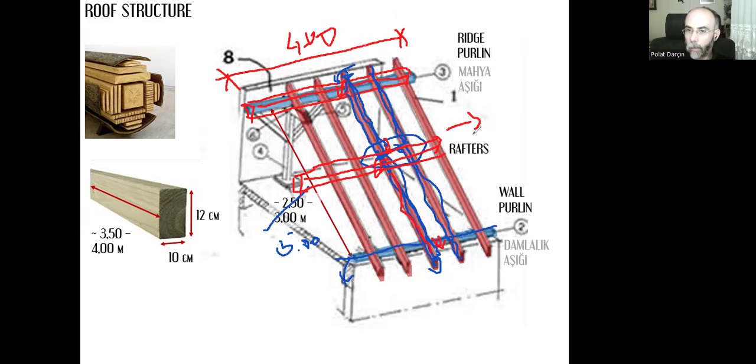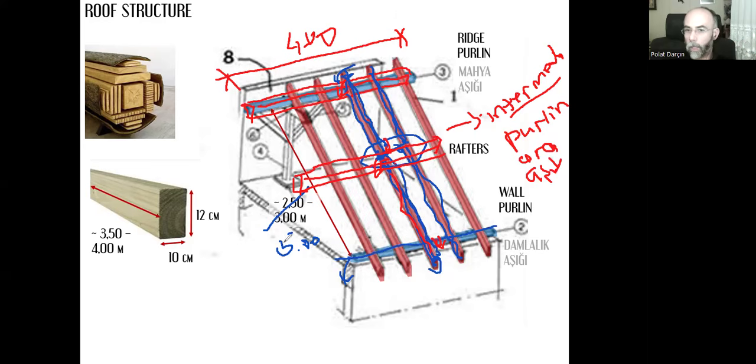And that can be called an intermediate purlin. I'm not sure about the spelling, but you understand. Ara aşık in Turkish.